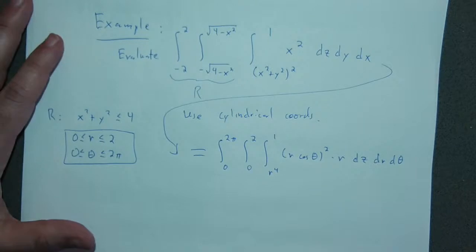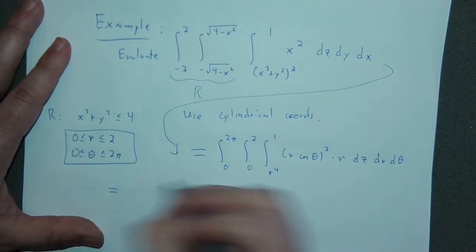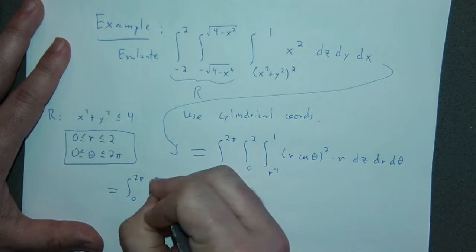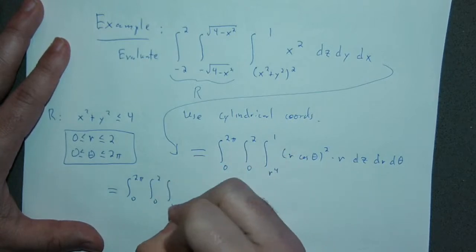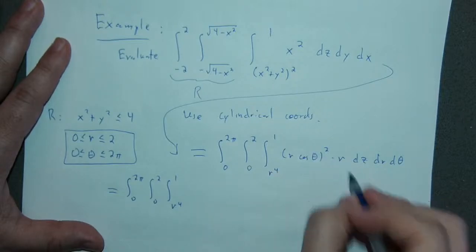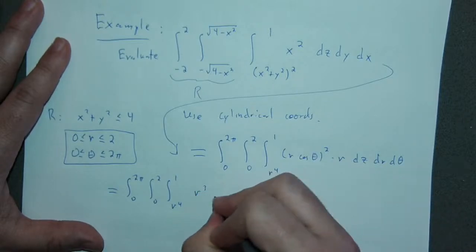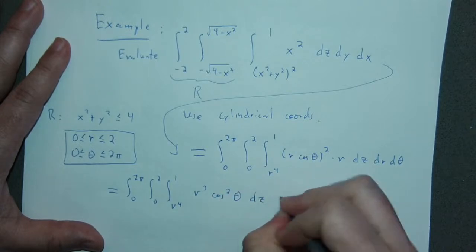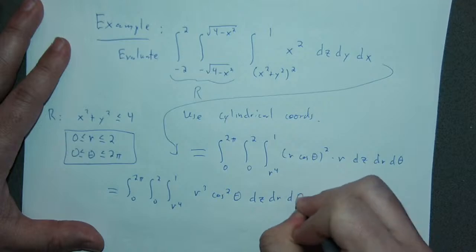Okay, let's clean this up a little bit. This is equal to the integral from 0 to 2 pi, the integral from 0 to 2, the integral from r to the 4th to 1 of r squared times r, which is r cubed, cosine squared theta, dz dr d theta.